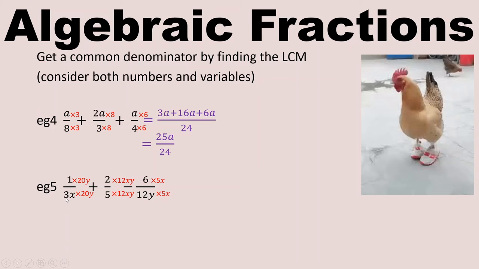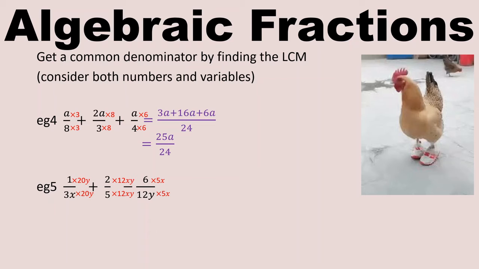So there we have it. 3x times 20y will give us 60xy. 5 times 12xy will give us 60xy. And 12y times 5x will give me 12 times 5 is 60xy. So our common denominator is 60xy.